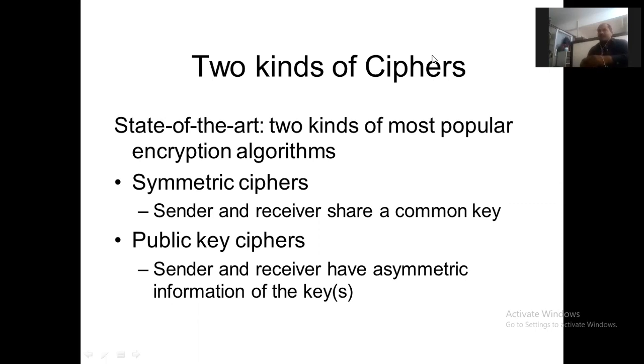The major difference is that in symmetric ciphers, we use the same key at the sender side as well as the receiver side, but in public key ciphers, we use different keys at the sender side and the receiver side. Okay.